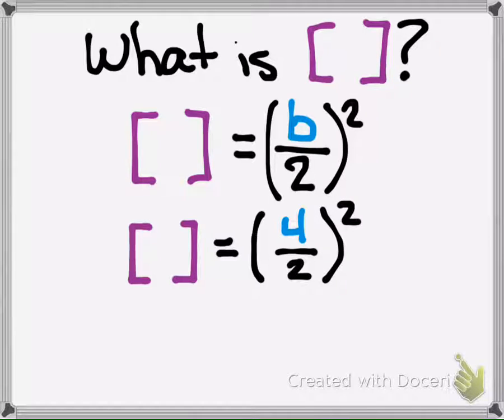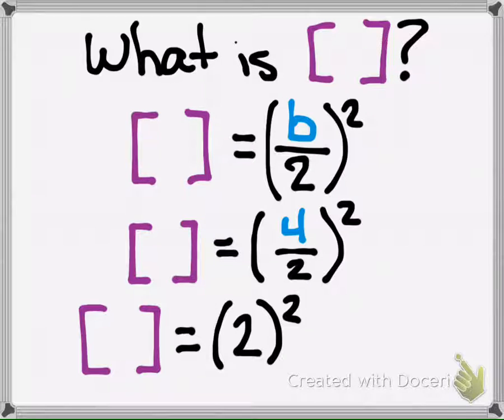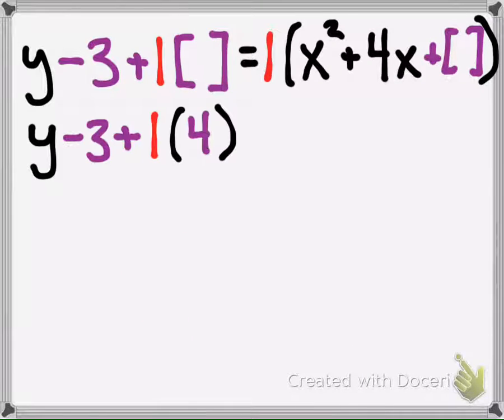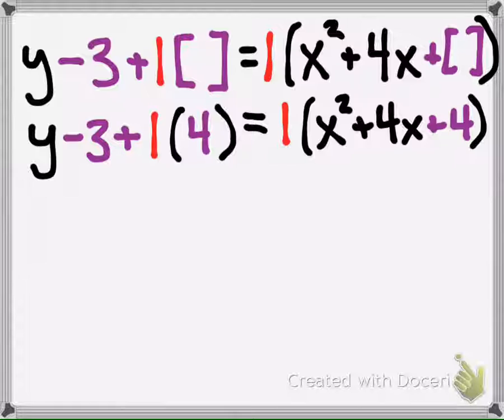I have the something equals 4 over 2 squared. When I simplify this down, something equals 2 squared, because 4 over 2 is 2, and then 2 times 2 gives me 4. So I can replace whatever was in my brackets with the term 4. So I have y minus 3 plus 1 times 4 equals 1 times x squared plus 4x plus 4.